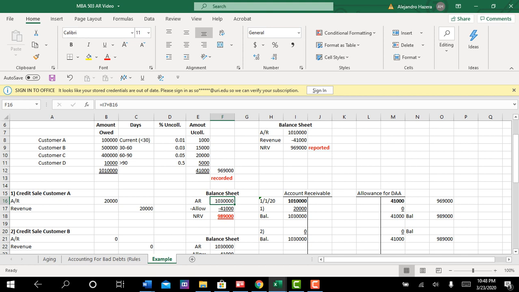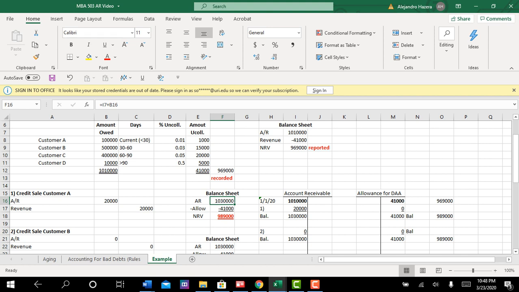Now I'll look at this formula here. That new balance in accounts receivable is this initial balance, from a reporting perspective, plus that 20, which gives you your new accounts receivable balance of $1,030,000.